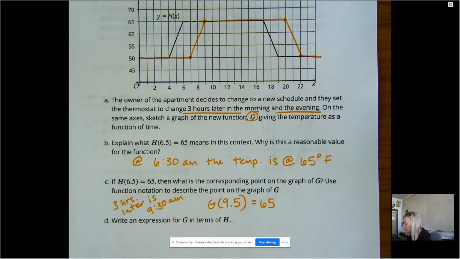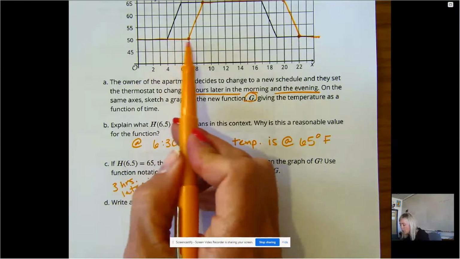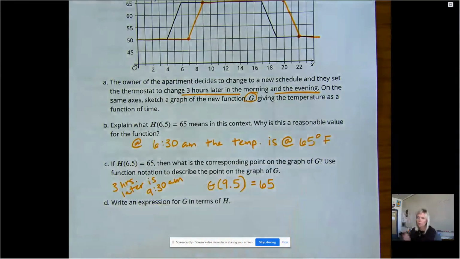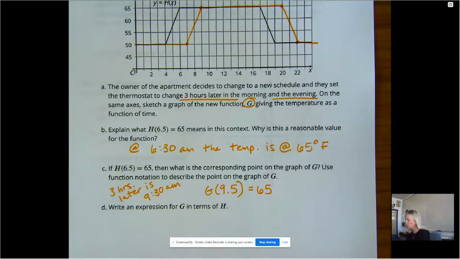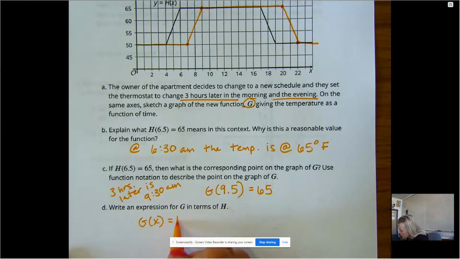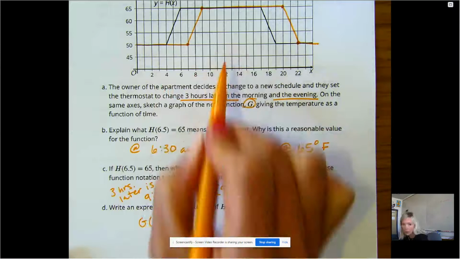And then finally, write an expression for g in terms of h. Okay, so it's 3 hours later, and it's a shift of 3 to the right on the graph. So remember, we use the opposite sign for an input change. And so that tells me that g of x is equal to h of, and it's a change to the input, right?